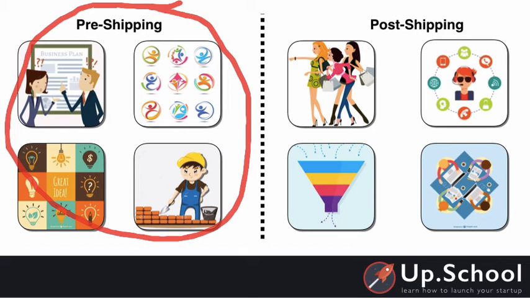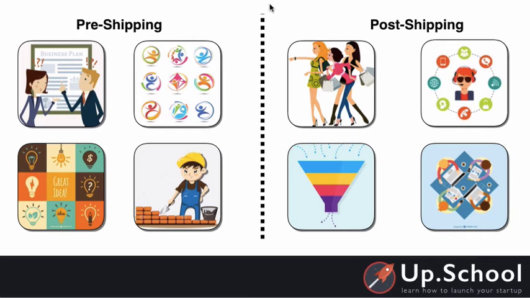Because what happens is as soon as you get to this point, which is shipping, getting that product into the hand of your customers, everything changes. So think about that. The business plan that you had changes because everything you've said about the customer was an assumption up to this point.